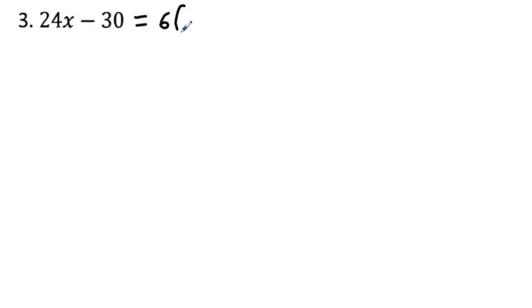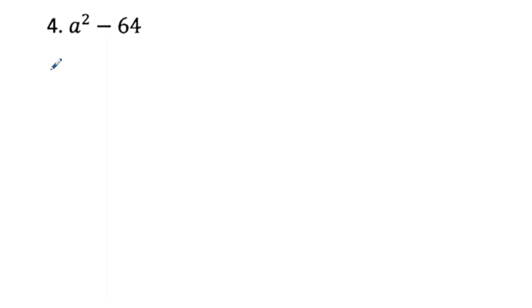So 6 times what equals 24x? 6 times 4x. And then 6 times what equals 30? 6 times 5. So this will be, just kind of work backwards, 6 times quantity 4x minus 5. This is as much as we can factor this thing here.